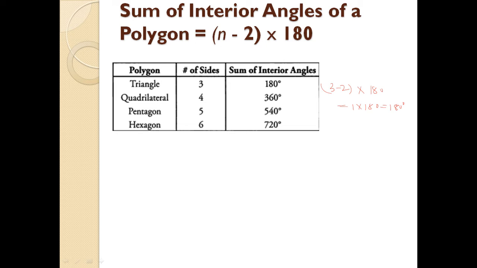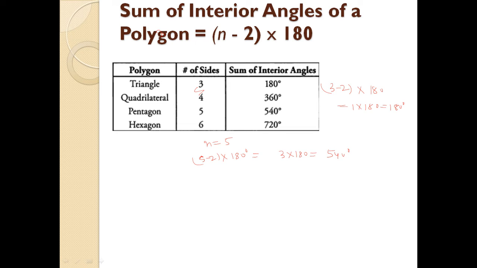Similarly, we want to find the sum of the interior angles of a pentagon. A pentagon has 5 sides, so n is equal to 5. So (5 minus 2) into 180 degrees. So this is 3 into 180 degrees, which comes to 540 degrees.